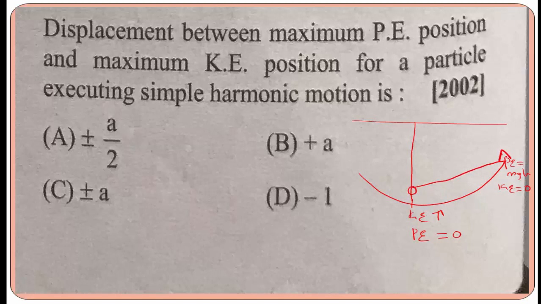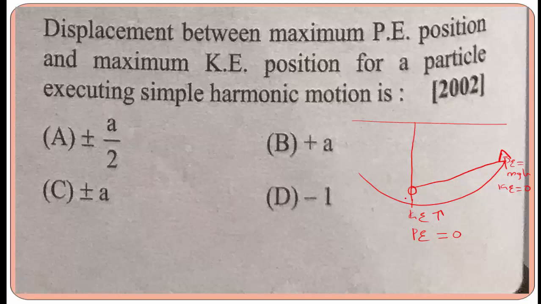Now consider O to A. The displacement between maximum potential energy position and maximum kinetic energy position for a particle executing simple harmonic motion. The kinetic energy is maximum at both end positions.